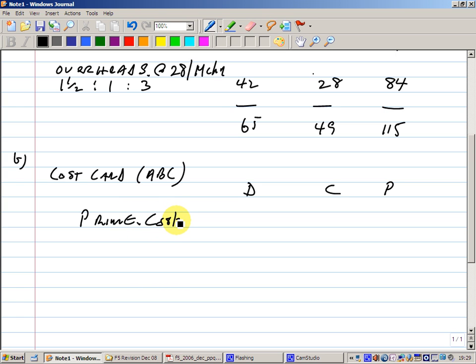There are marks for this, so don't forget to do it. Get it out of the way as quickly as you can. The prime cost doesn't change regardless of whether we use the traditional absorption costing method or activity-based costing methods, so prime costs are the same as above.